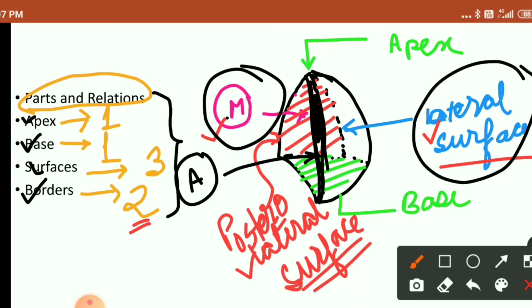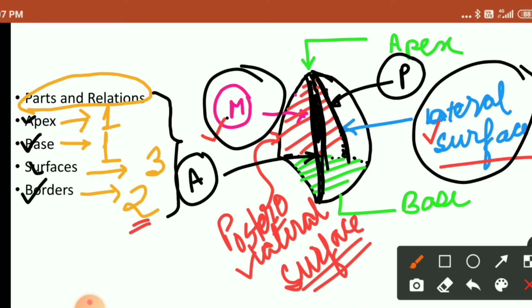And there is another border, this one, which separates the lateral surface from the posterolateral surface. Yes, this is the posterior border, or you can say these are the posterior margins.